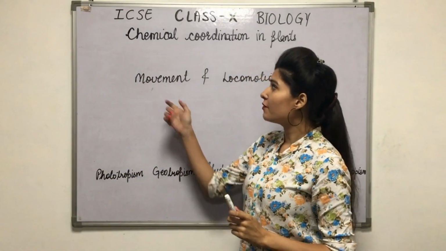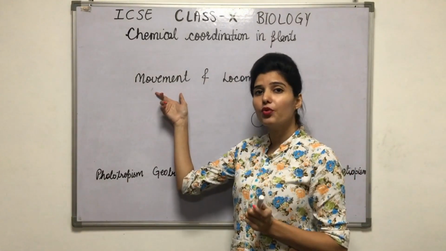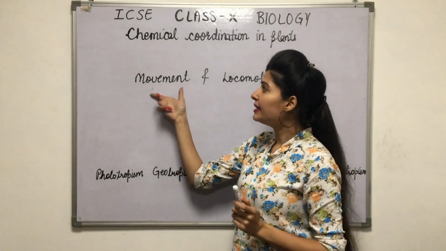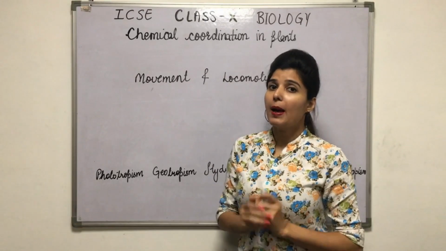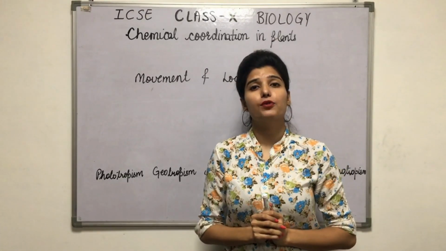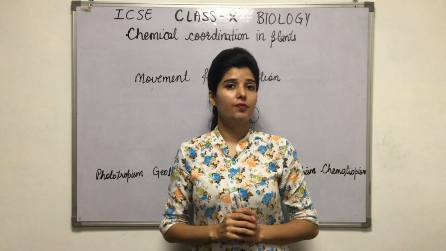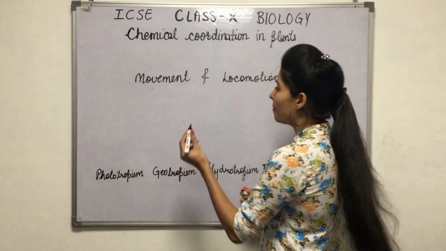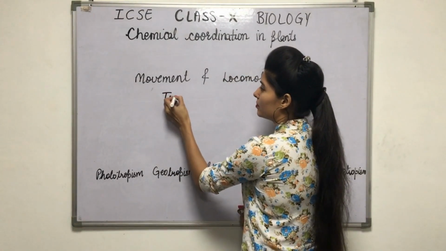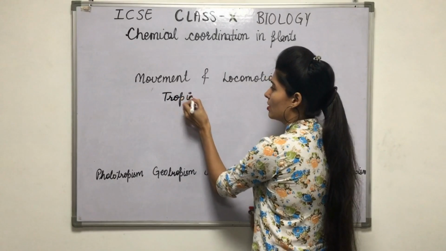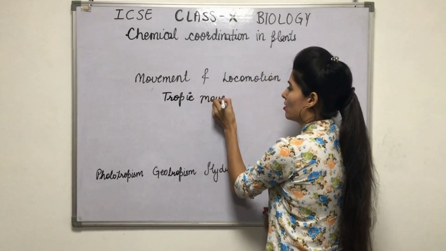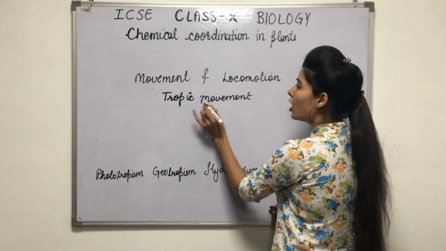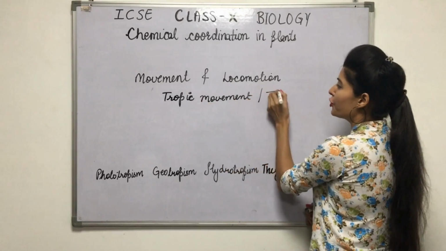But in case of plants, there is just a movement of their body parts, and that is termed as movement. But specifically, the movement in case of plants is termed as tropic movement, or we can also term it as tropism.